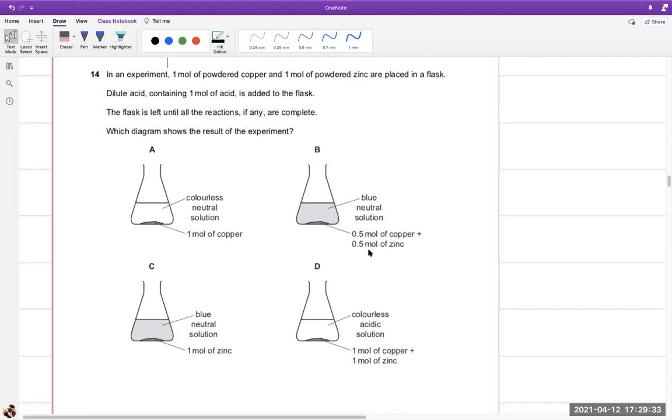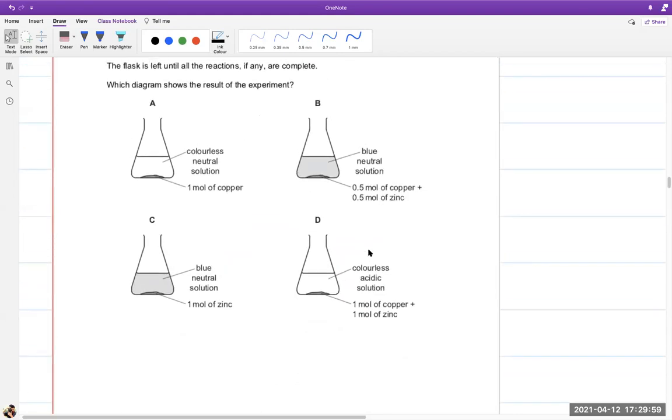And copper will not change at all. So we have copper, it will remain as it is, 1 mole will remain, nothing will happen to it. Zinc is going to replace the acid that you have, and it's going to form a neutral salt, which will be colorless. So it's going to be A.